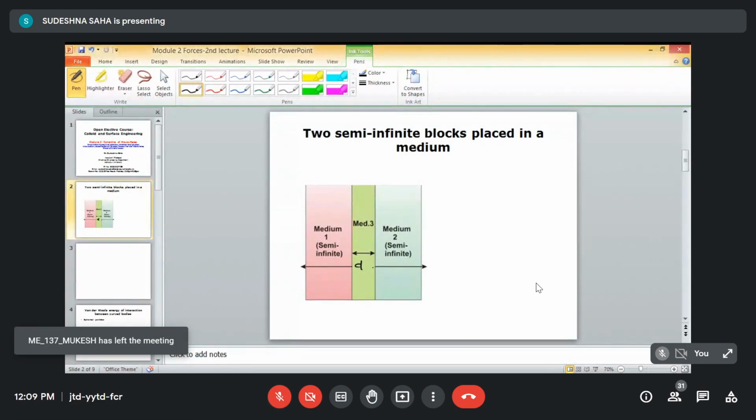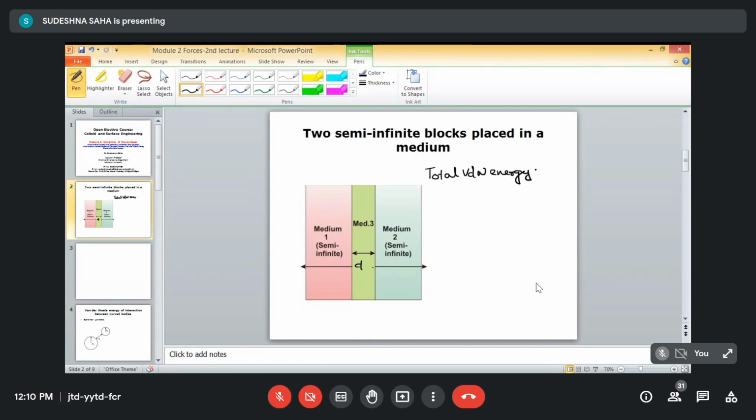So basically, for this kind of situation where we have two semi-infinite blocks separated by a distance d in a medium, we can write the total van der Waals energy of the system.